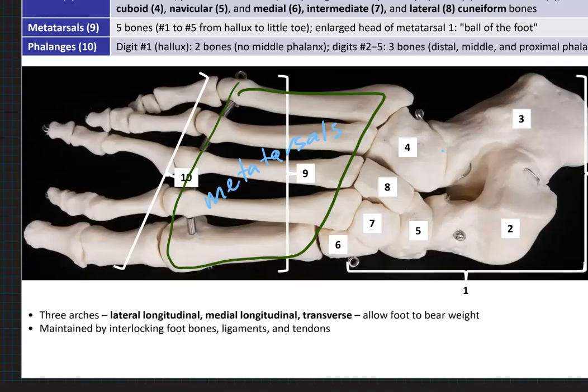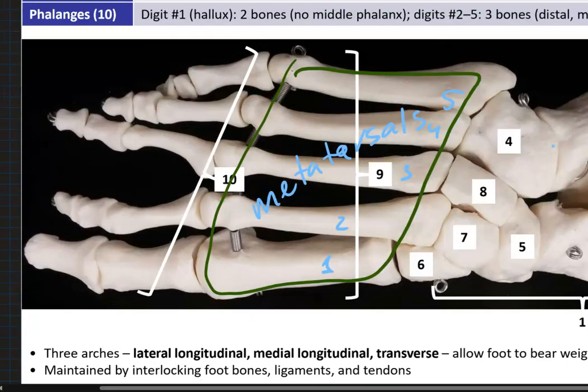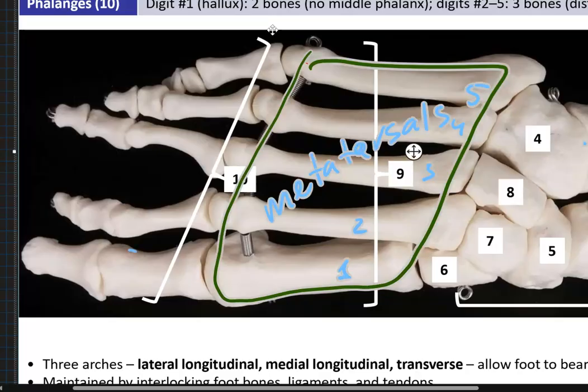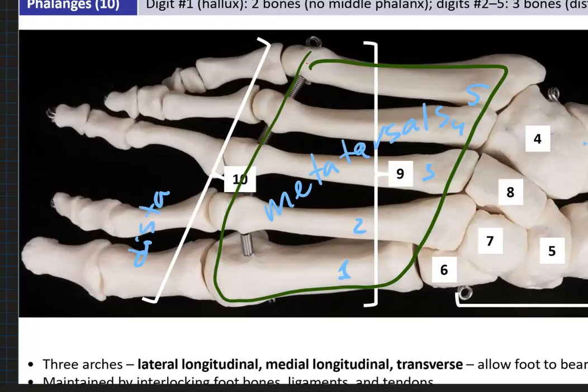When you start numbering them, where do you start? Big toe. 1, 2, 3, 4, 5. These are phalanges: distal, proximal, medial and distal.